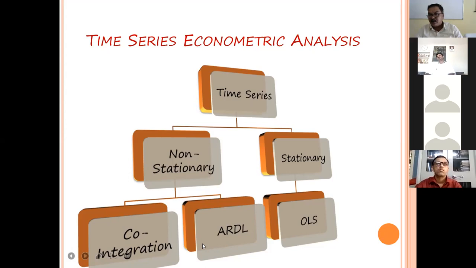These two methods help in establishing the long-run relationship between the variables. So if your data is time series, you have to be very careful whether the data is stationary or non-stationary. If it is stationary, you can go with the regular procedure. If it is non-stationary, you have to go with co-integration or ARDL. ARDL means autoregressive distributed lag model.